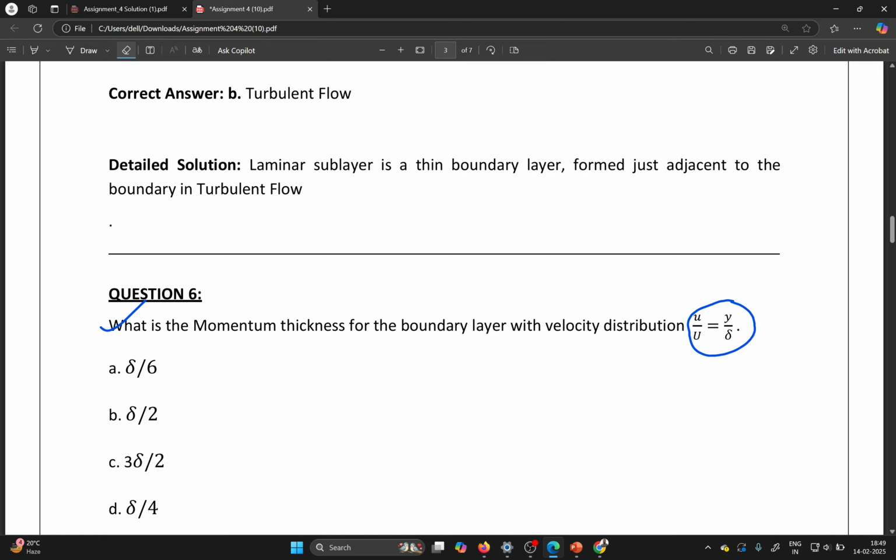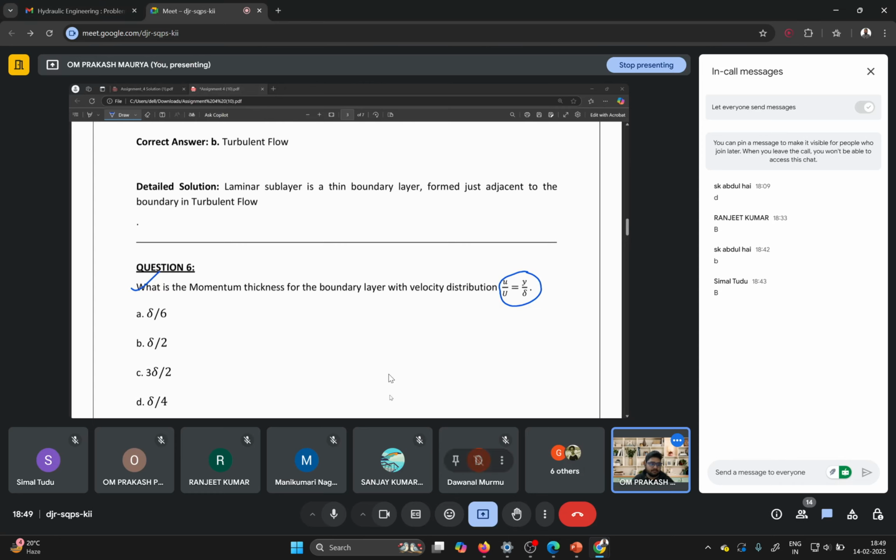Which option will be correct: A delta by 6, B delta by 2, C 3 delta by 2, or D delta by 4? After this question, maybe I'll take a 5-minute break. So please everyone try to calculate.